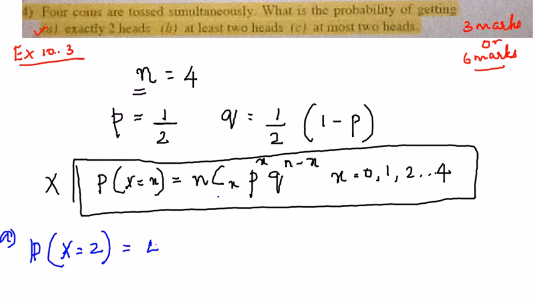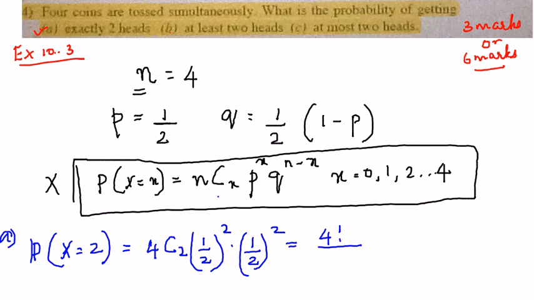It is going to be 4C2 into 1 by 2 power 2 into q, which is also 1 by 2, power n minus 2, which is 4 minus 2, which is 2. So 4C2 is nothing but 4 factorial divided by 2 factorial into 2 factorial, into 1 by 2 power, we can add these powers, so it becomes 1 by 2 power 4.